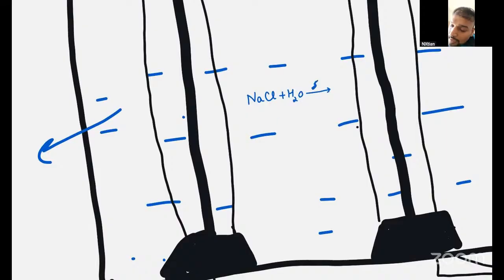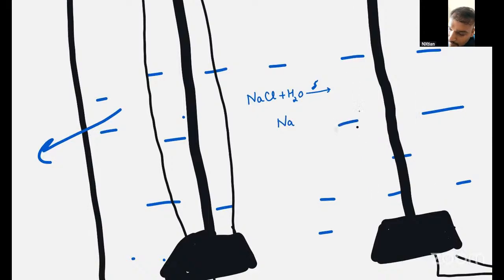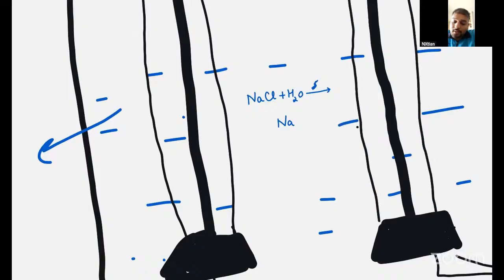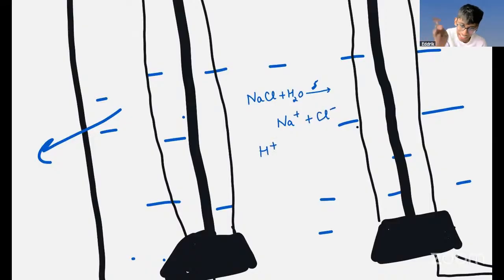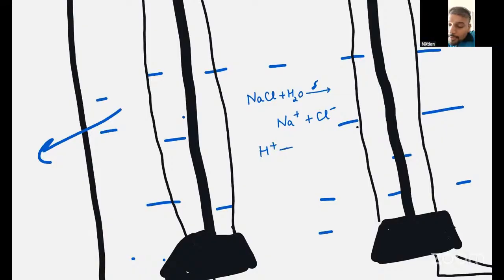NaCl will dissociate into Na plus and Cl minus. And because H2O is present, H plus and OH minus will also dissociate. So we have two dissociations because of electricity: Na and Cl, H and OH. Got it, guys?